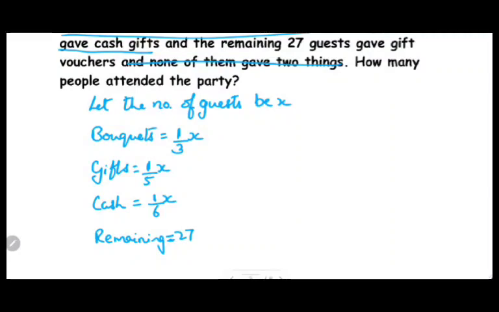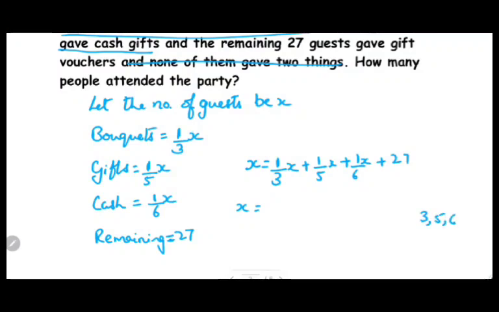All right. So total number of guests is x. So x is going to be 1/3x plus 1/5x plus 1/6x plus the remaining 27. LCM of all of them. So 3, 5 and 6.